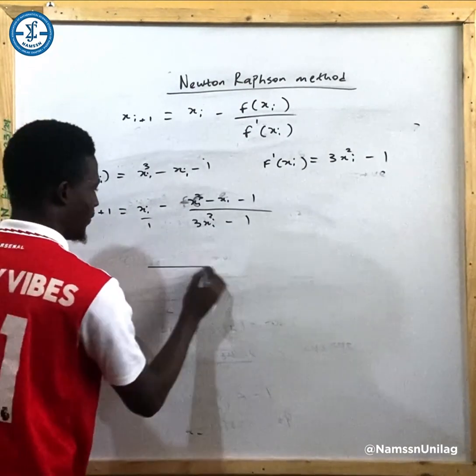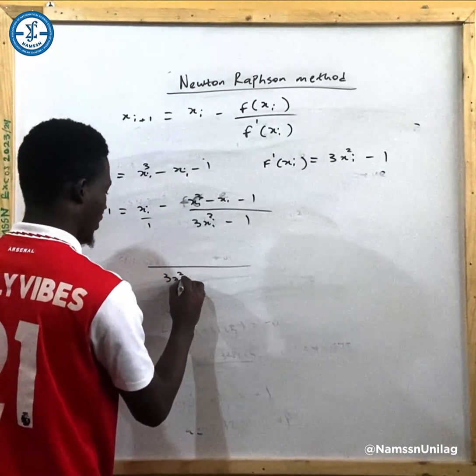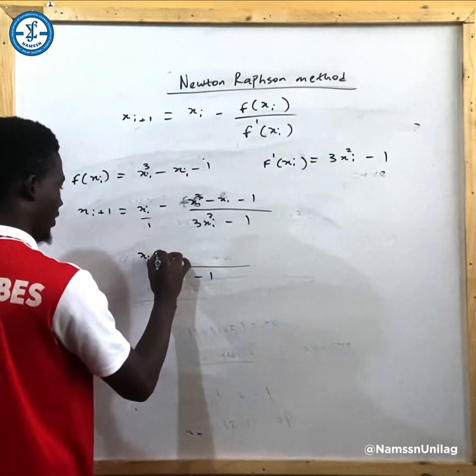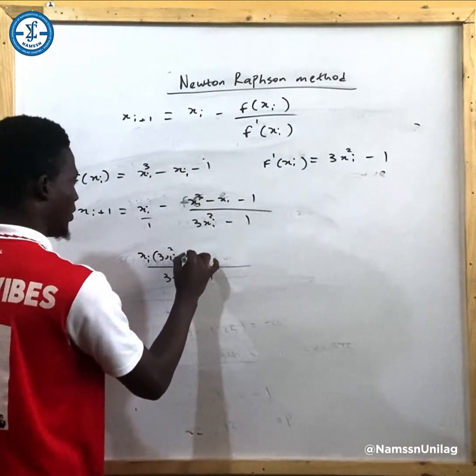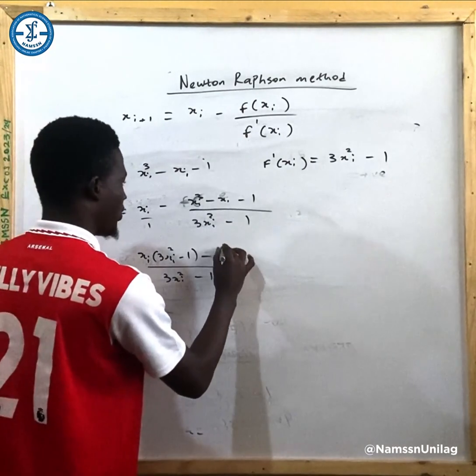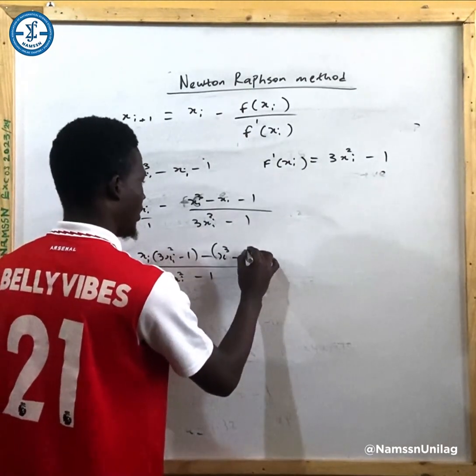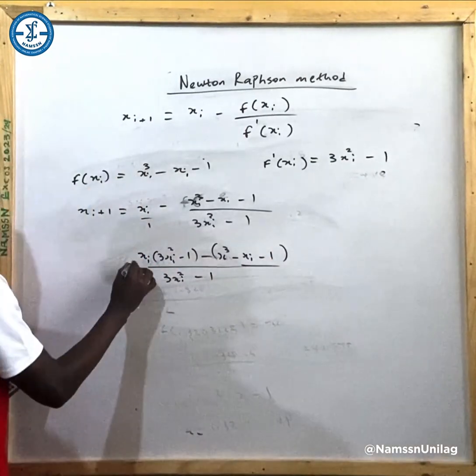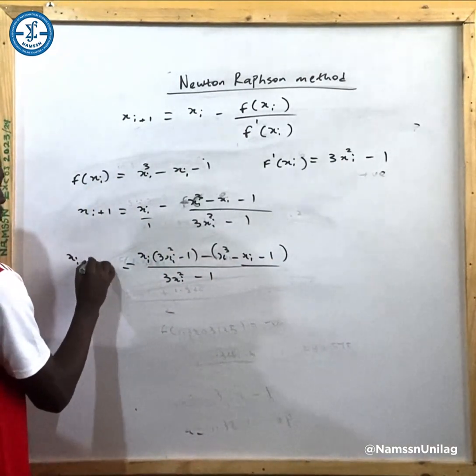You look for the LCM, 3x_i squared minus 1. So you'd have x_i in brackets, 3x_i squared minus 1, minus x_i cubed minus x_i minus 1, equals x_{i+1}.